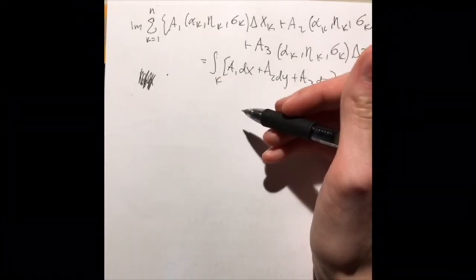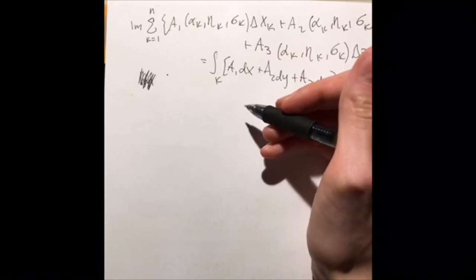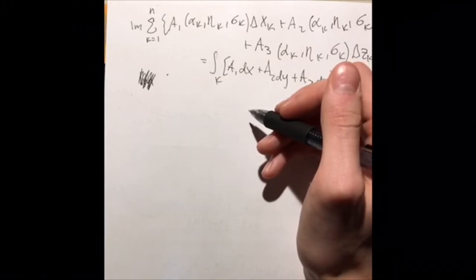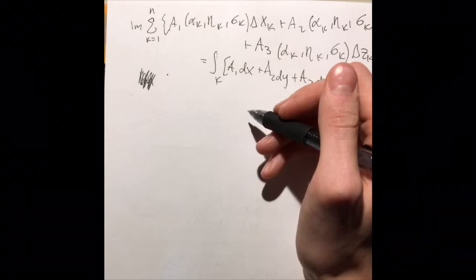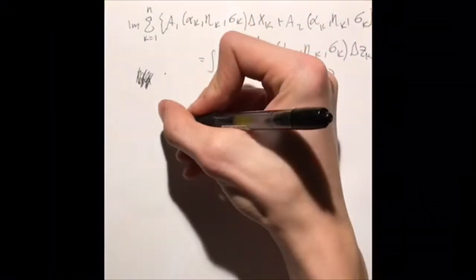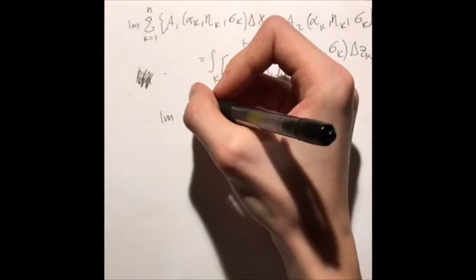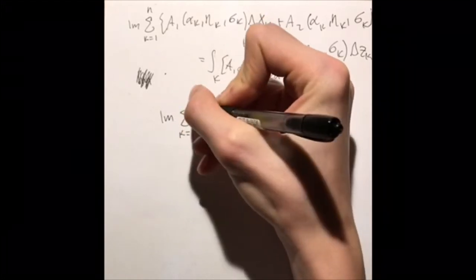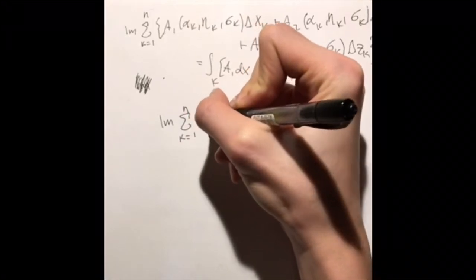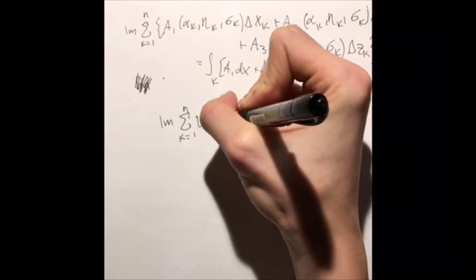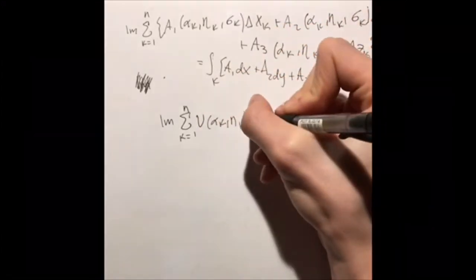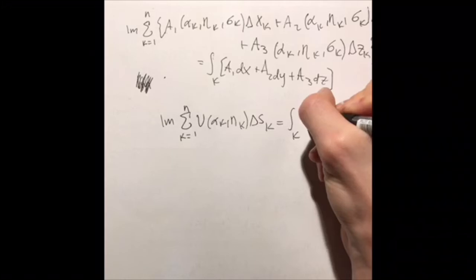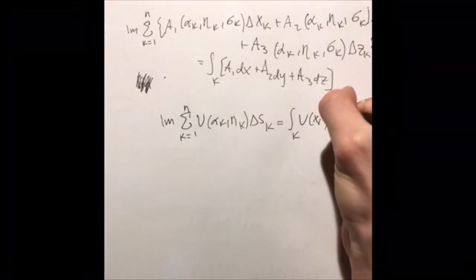Other types of line integrals, depending on particular curves, can be defined. For example, if delta sk denotes the arc length along curve K, say, between points xk, yk and xk plus 1, yk plus 1, then the limit as n goes to infinity of the sum running from k equals 1 to n of U of alpha k, eta k times delta sk is then equal to the integral over K of U of x and y.